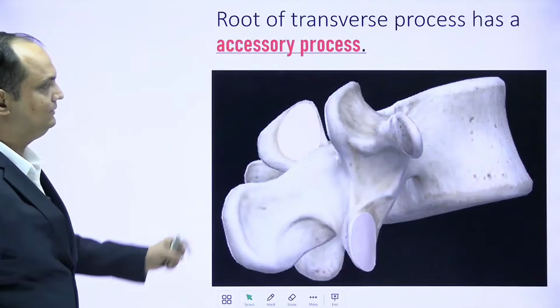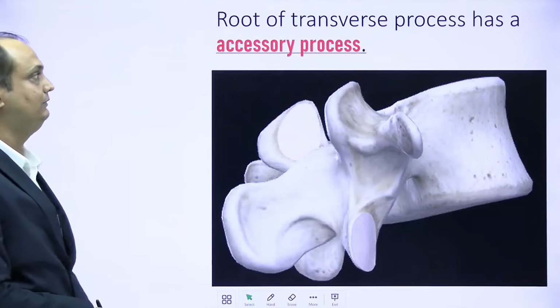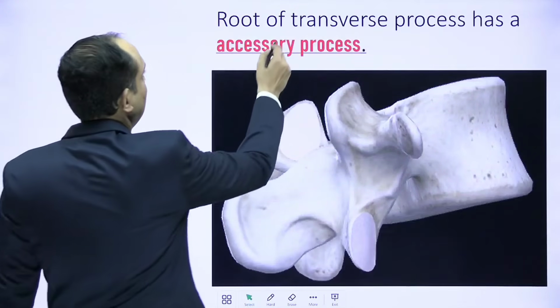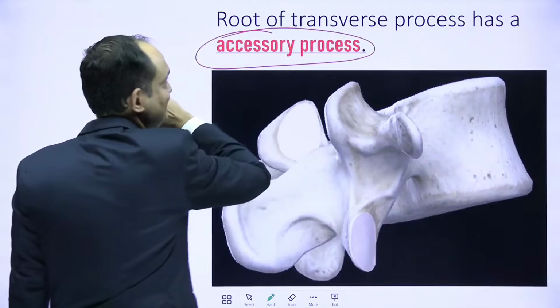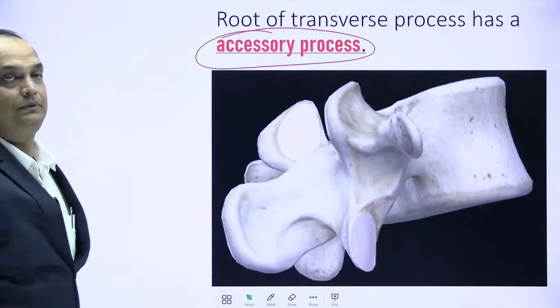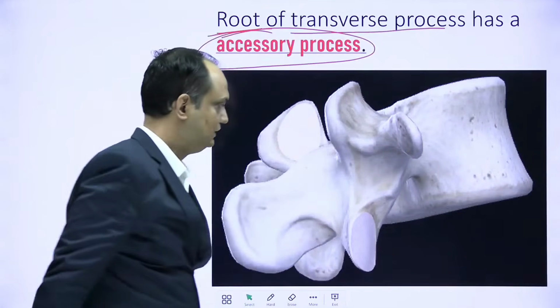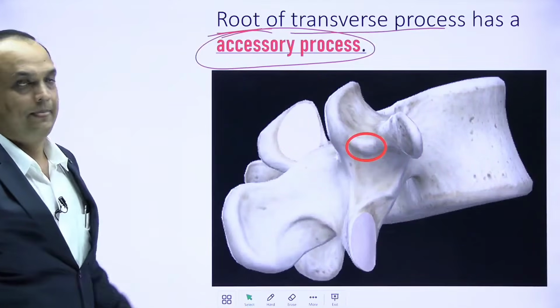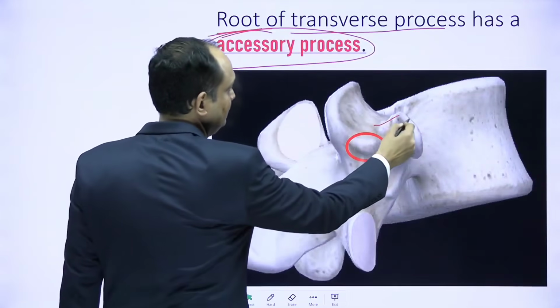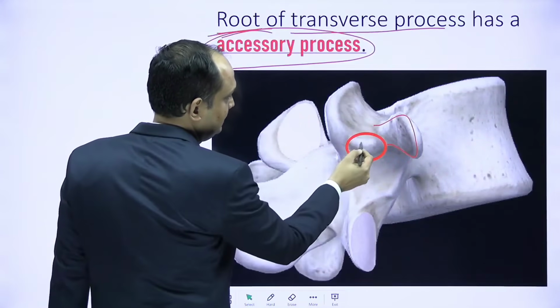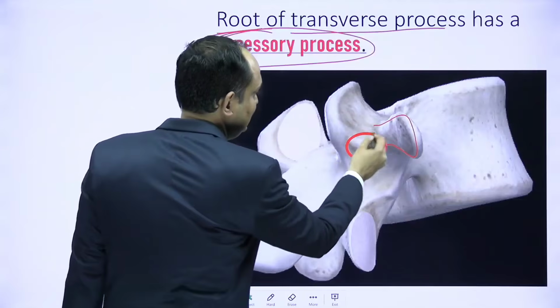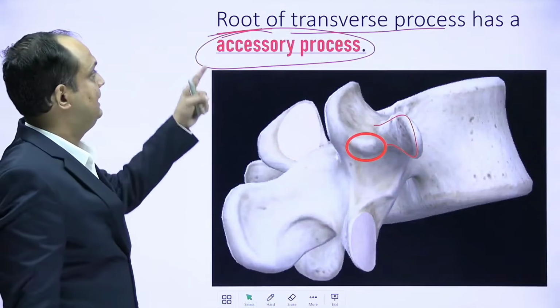Now in this diagram, this is the lateral view of the lumbar vertebra, where you will find one more process known as the accessory process, and the accessory process is present near the root of the transverse process. So where is this? It is here. Now here you can see that this is your transverse process, and near the root you will find this area known as the accessory process.